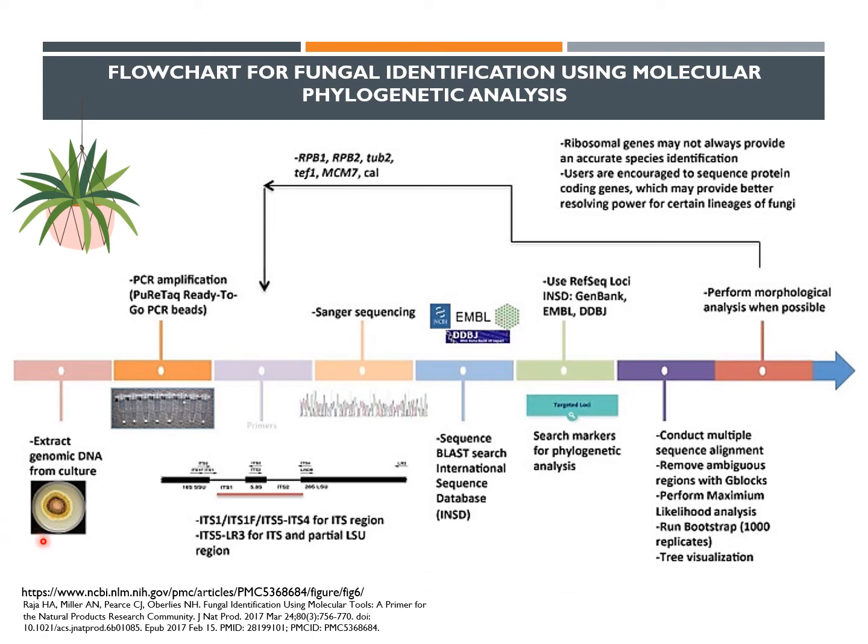So if you have your unknown culture and you would like to identify it using the molecular method, you will have to extract the genomic DNA from the culture and then perform PCR amplification using whatever you've got in your lab, by selecting the gene or region that you are interested in.